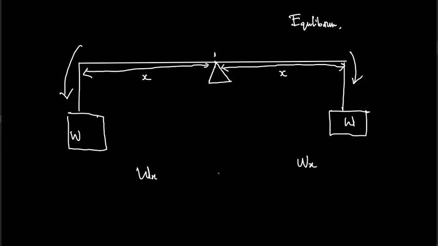What I'm trying to show you here is that equilibrium can only be attained when the clockwise moment is equal to the anti-clockwise moment. So this is the clockwise moment, because it is going towards the right direction, and this is the anti-clockwise moment, which is turning towards the left.